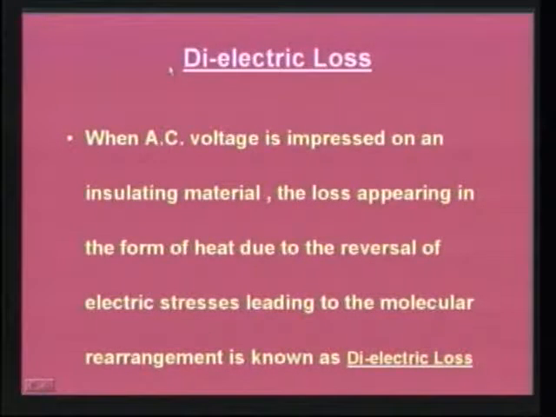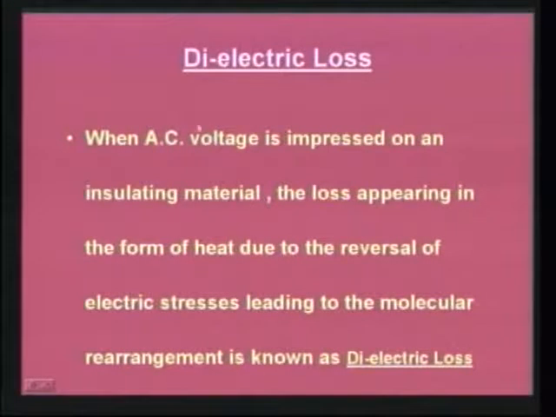Now we will see what is dielectric loss. When AC voltage is impressed on the insulating material, the loss appearing in the form of heat due to the reversal of electric stresses leading to the molecular rearrangement is known as dielectric loss.